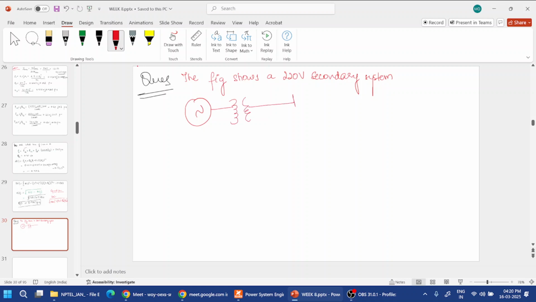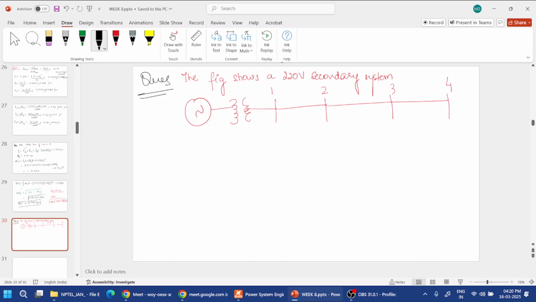This is the first node, this is the second node, this is third, this is fourth.